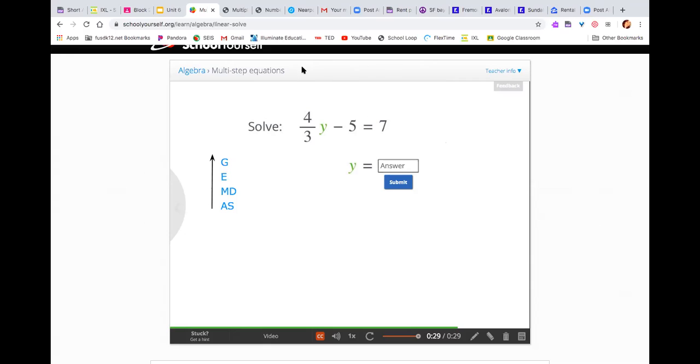Other things we can do, if this gets confusing, we can box our terms.